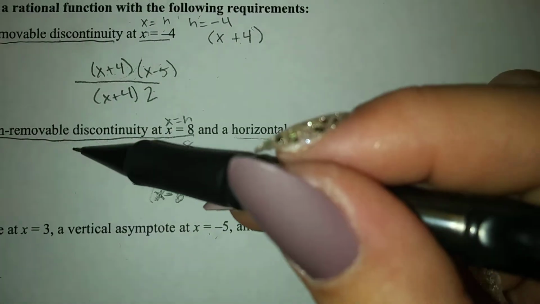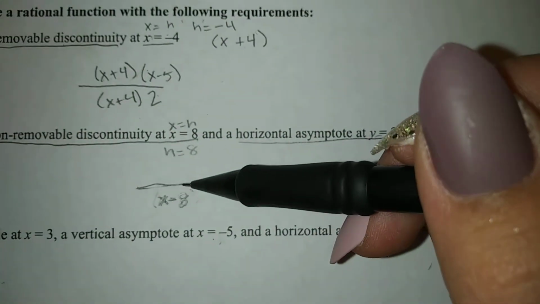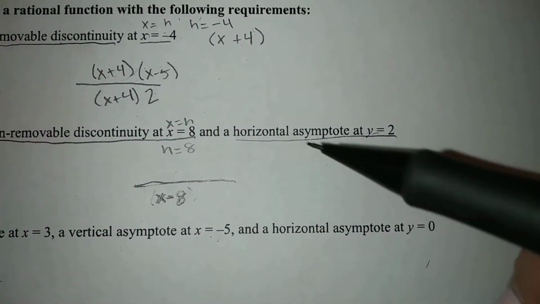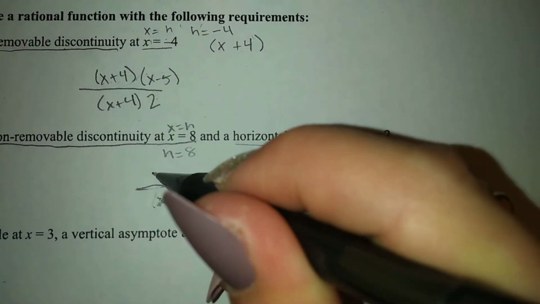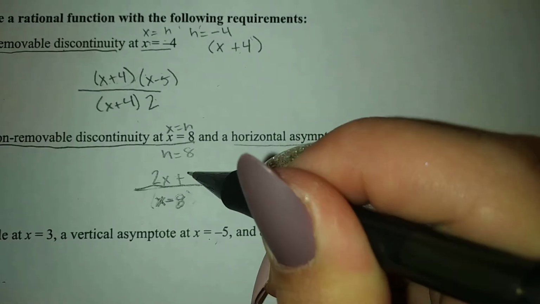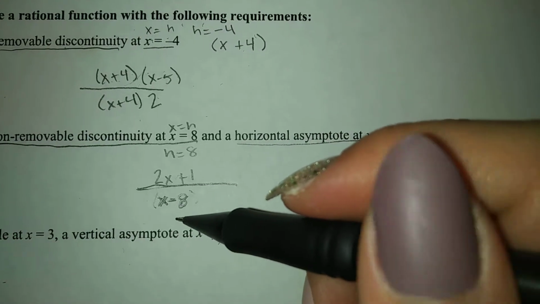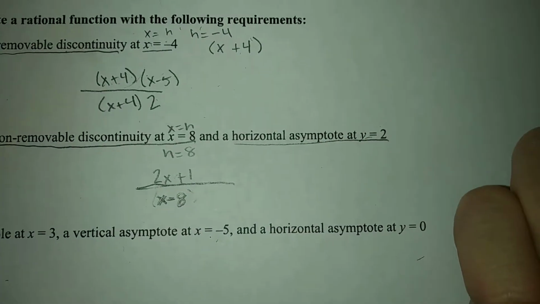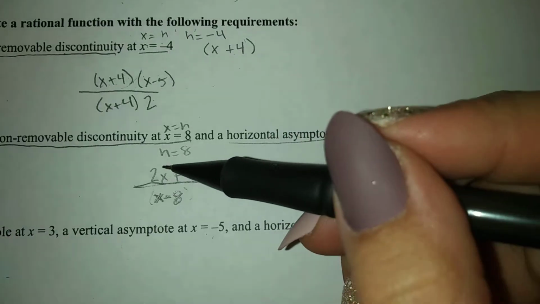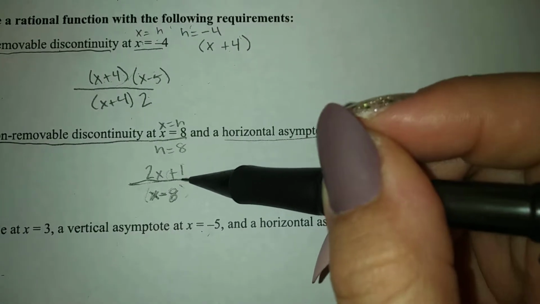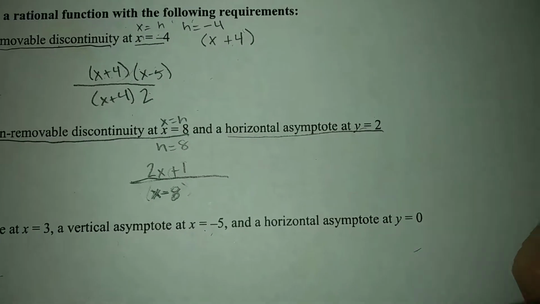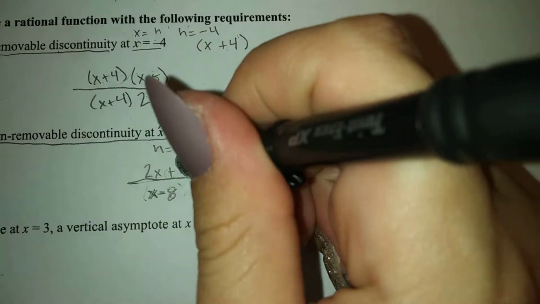But because it's going to be non-removable, I can't have x minus 8 up here. So I'll say 2x plus 1, because that's just something I came up with. The last part doesn't really matter, but we can even just put 2x.